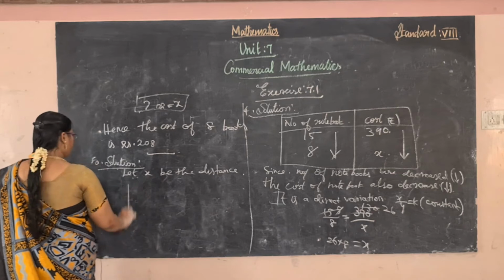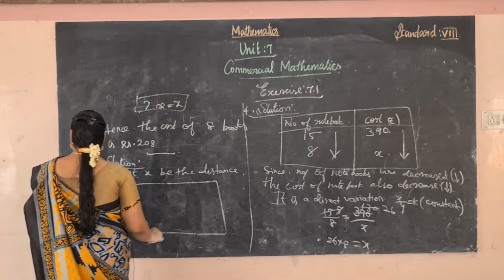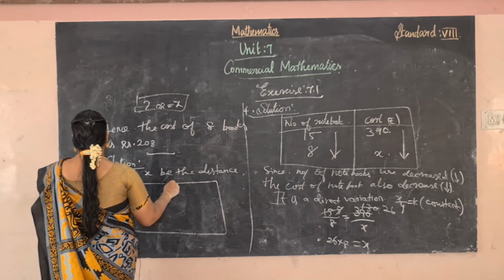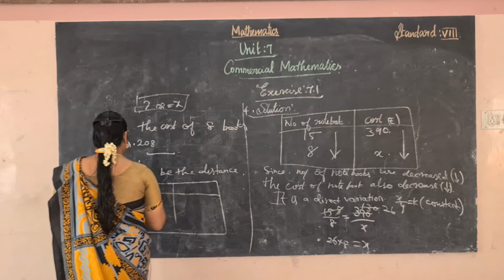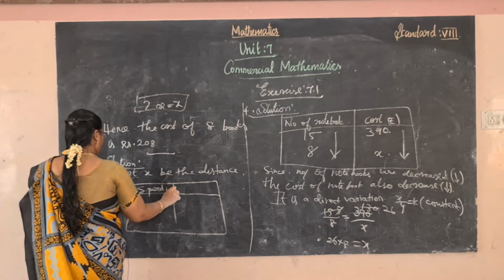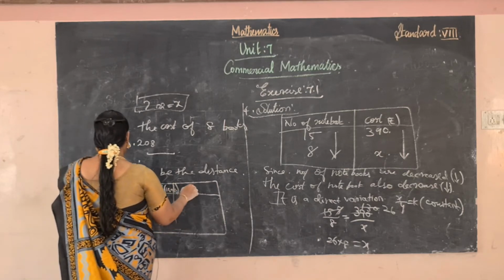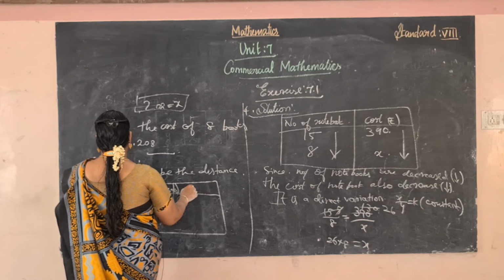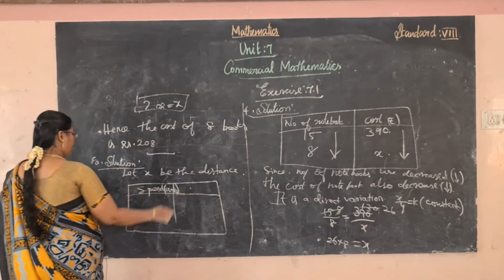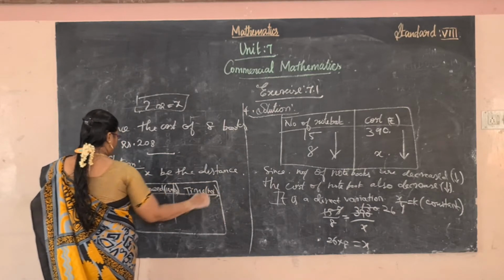So draw the table. Speed in kilometer per hour, and time in hours.